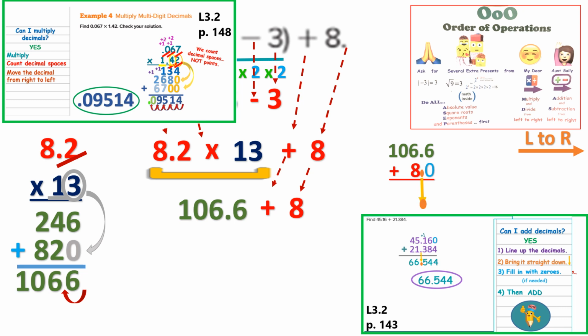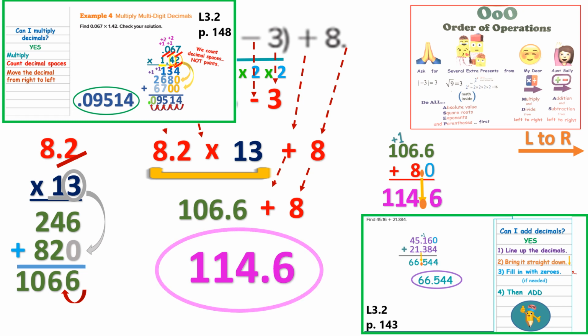Once my decimals are lined up, I fill in with zeros, I bring down my decimal, then I simply add. 6 plus 0 is 6, 8 plus 6 is 14, carry my 1. 1 plus nothing is 1, and then 1 plus nothing is 1. So my final answer on this one is 114.6.